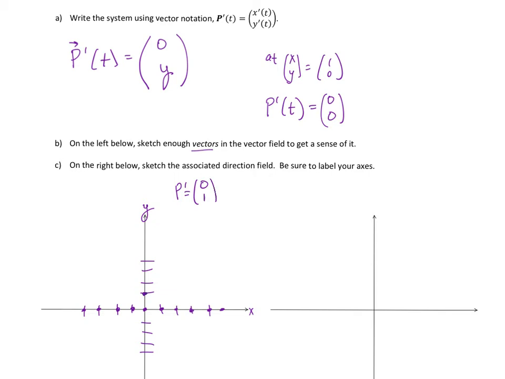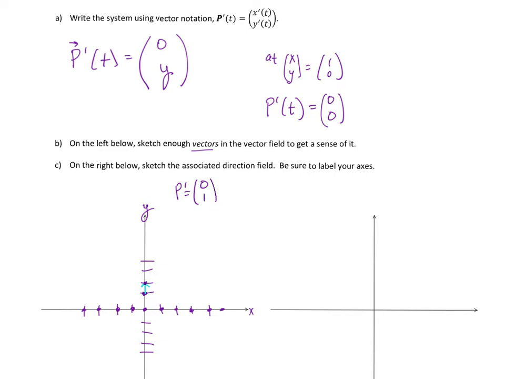So right here, I'm going to draw a vector in the 0, 1 direction. So over 0, up 1. There's my vector. Maybe I'll do my vectors in a different color. Then I'm going to choose the point 0, 2.